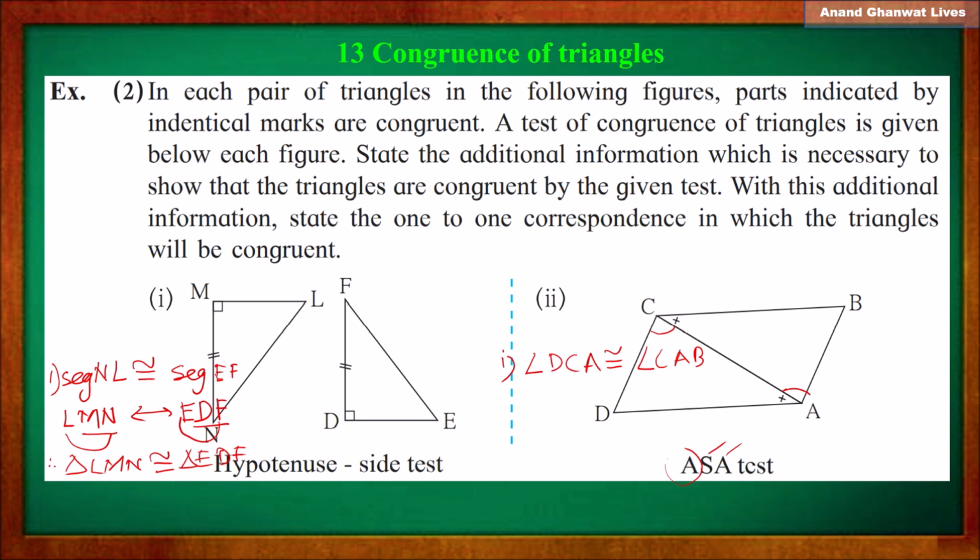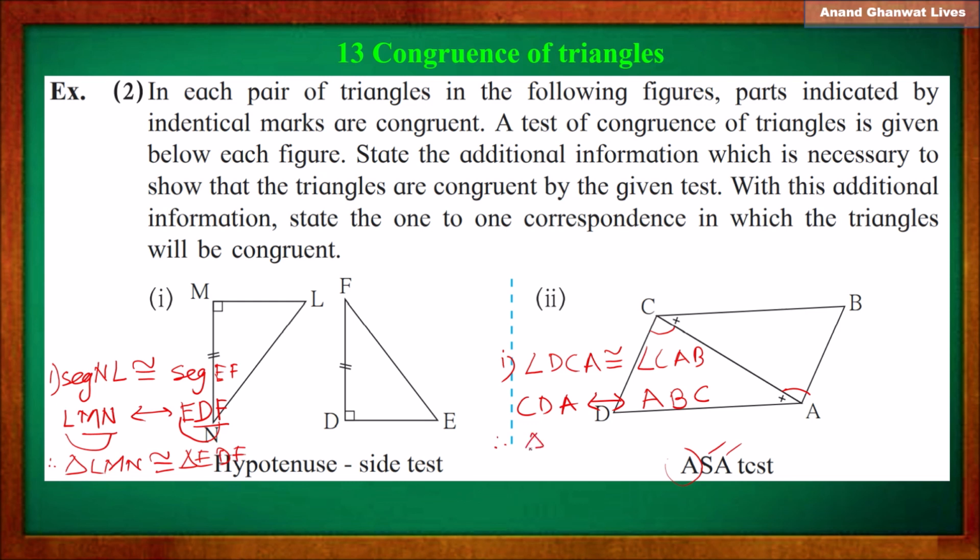Now let us write the correspondence of congruence. CDA one-to-one correspondence with. Point C corresponds with A, so write A here. Next, angle A corresponds with C, and the middle is B. So CDA one-to-one corresponds with ABC.